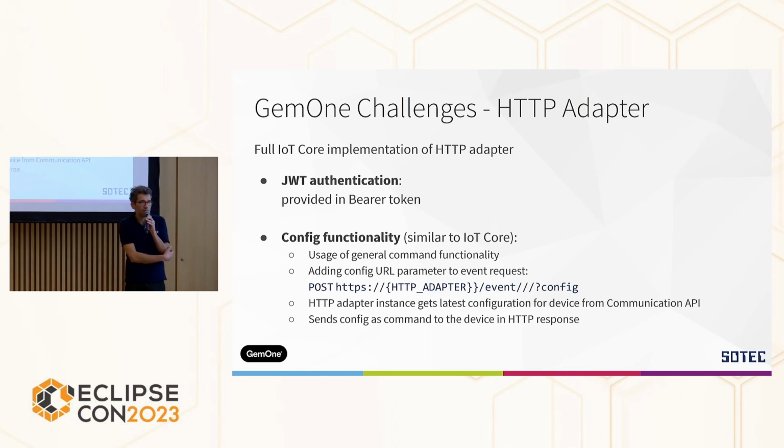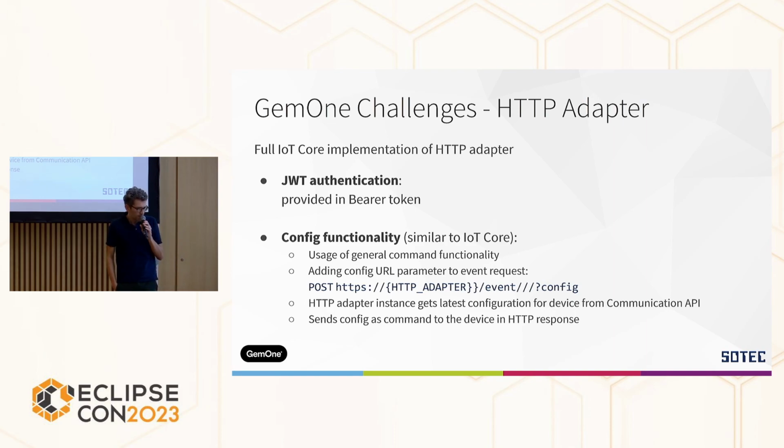Then the next thing: they were using not only MQTT for their devices, but also an HTTP connection. So at that point, we knew that we had to do a full implementation of the HTTP adapter as well. So adding the JWT authentication to the bearer token, and also adding this config functionality similar to IoT Core.